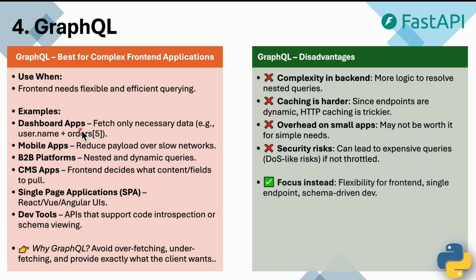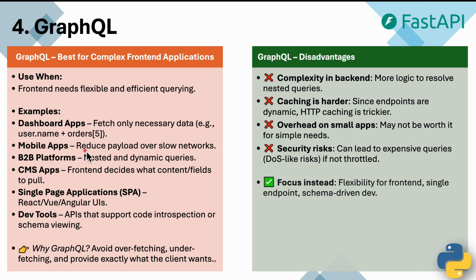Dashboard apps often fetch only necessary data, for example user name, number of orders, or how many are delivered, or only the exact data you want to show on the dashboard. That time you do a lot of filtering remotely and get only that data. That kind of time, go for GraphQL.